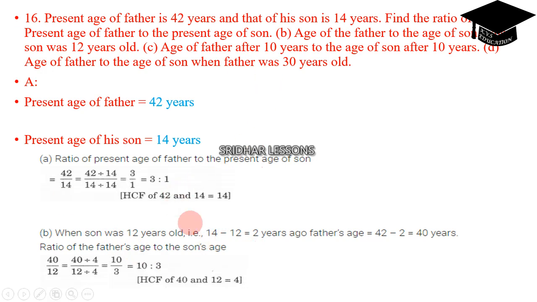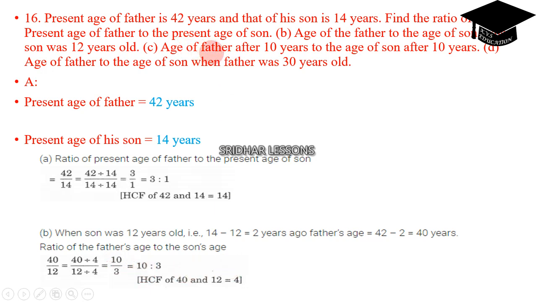So 2 years ago means 14 minus 12, which is equal to 2. And 2 years ago father's age is again 42 minus 2, which is equal to 40 years. And the ratio of father's age to the son's age is 40 by 12. 4 cancels 40 10 times and 12 3 times. So the required ratio is 10 by 3 or 10 is to 3.